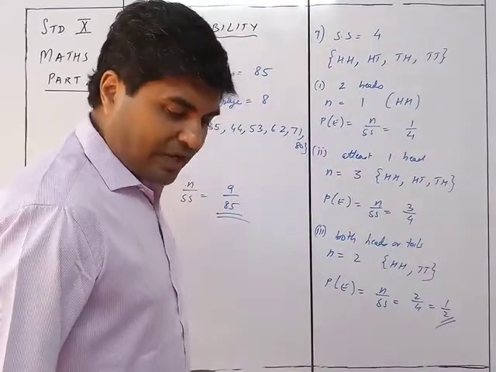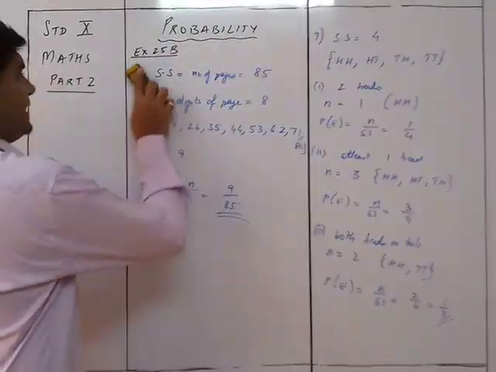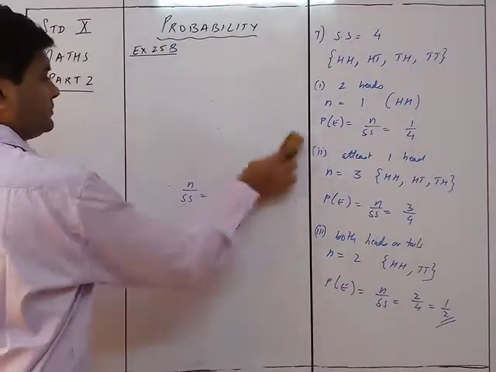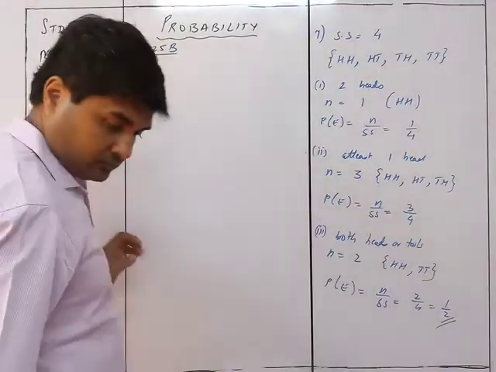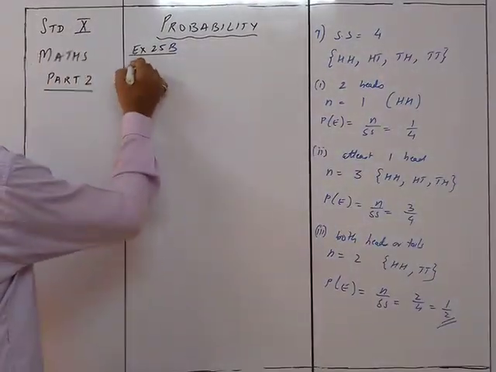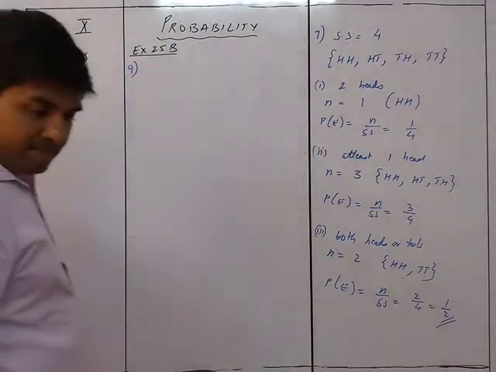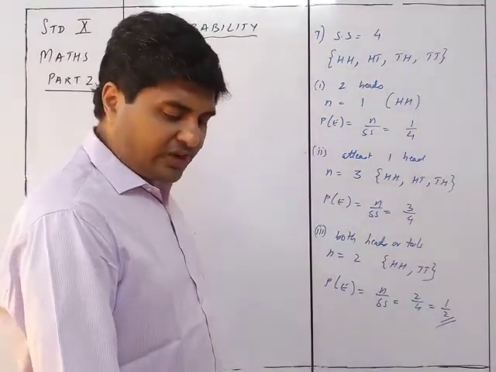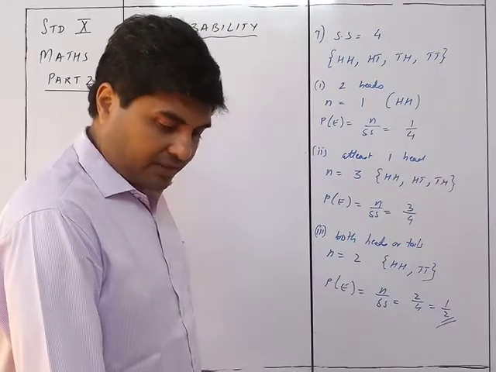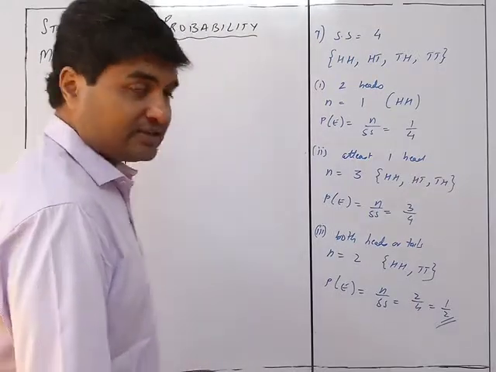We now move on to sum number 9, which is on playing cards. A card is drawn from a well shuffled pack of 52 cards. Find the probability that the card drawn is a spade.